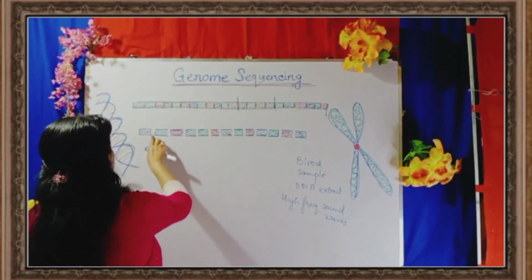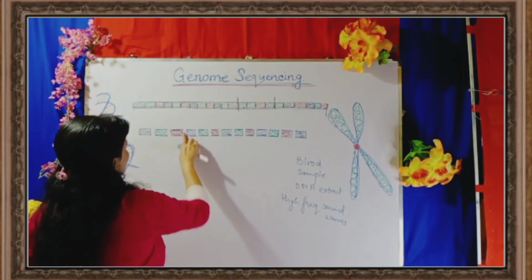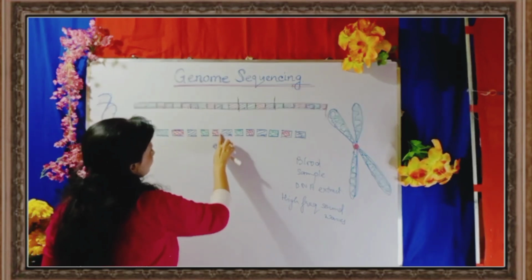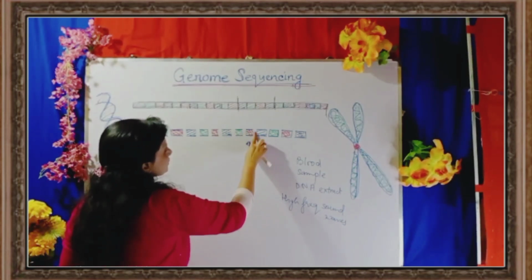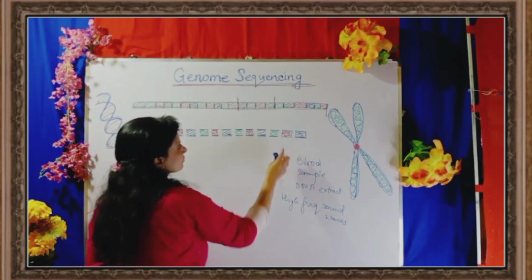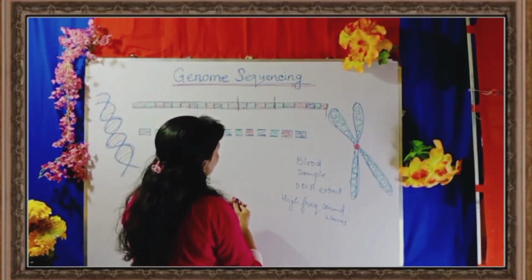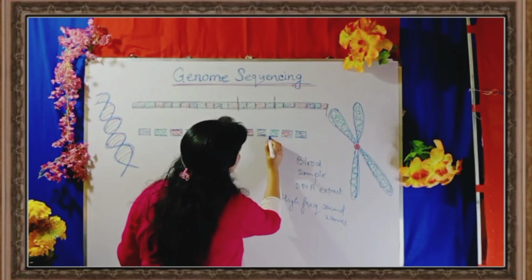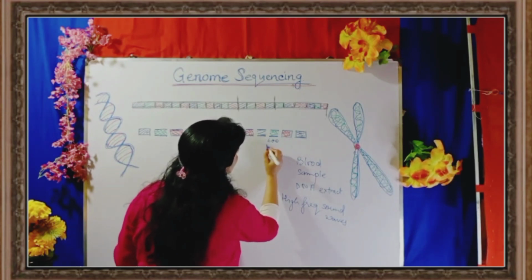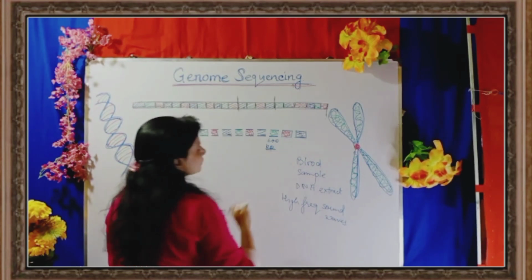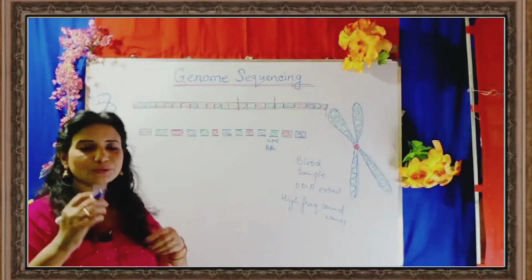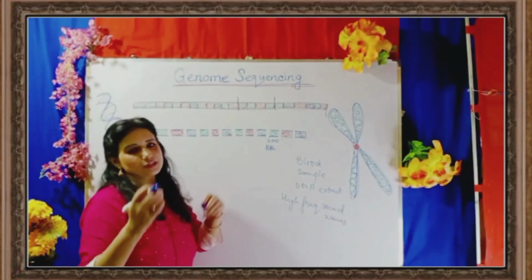So when it got cut, this whole structure looked like this. There are small pieces, each section being almost 600 base pairs. Each base is denoted with the letter A, T, G, C.